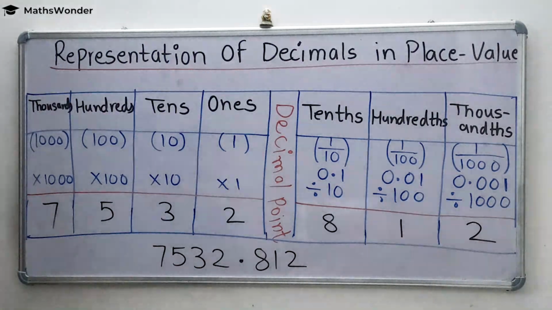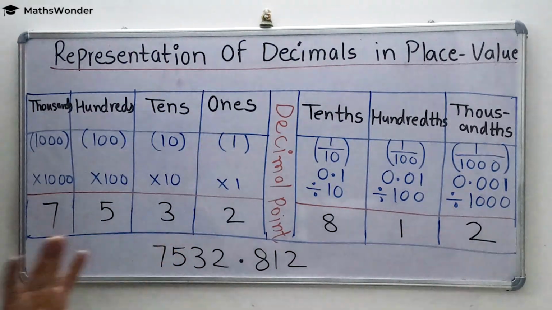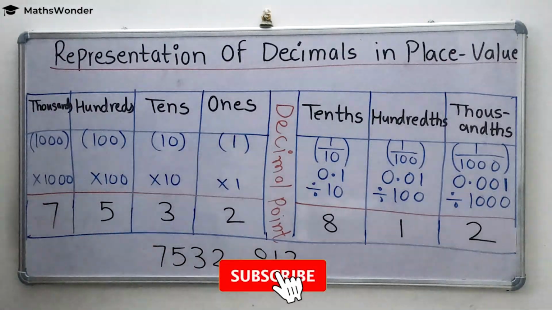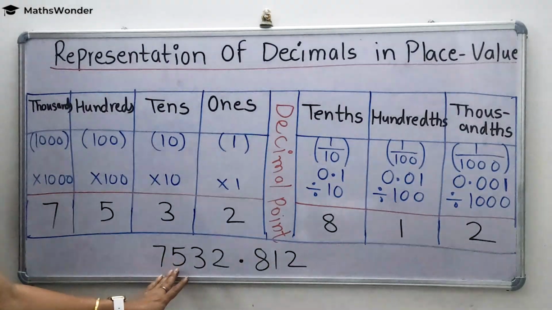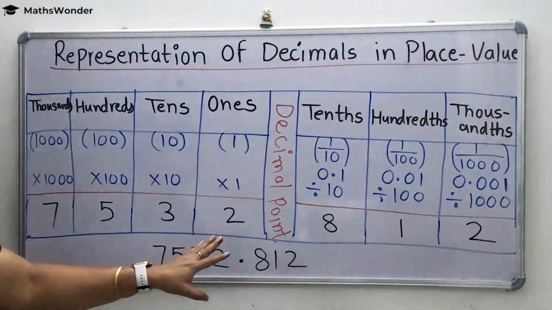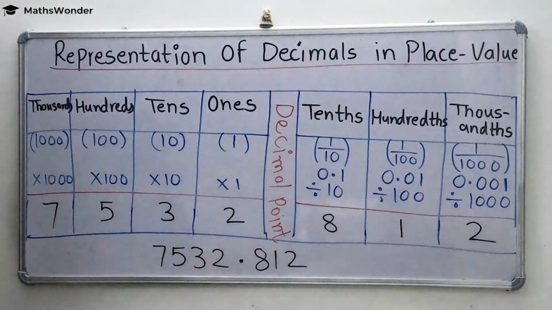Always read after the decimal as 812. You will not read it as 8012. No, never. This is the wrong way to read a decimal number. A decimal number is always read like this: 7532.812. After the decimal, always read it as single digits. There is no form of the number system like we have already learned in the smaller grades.